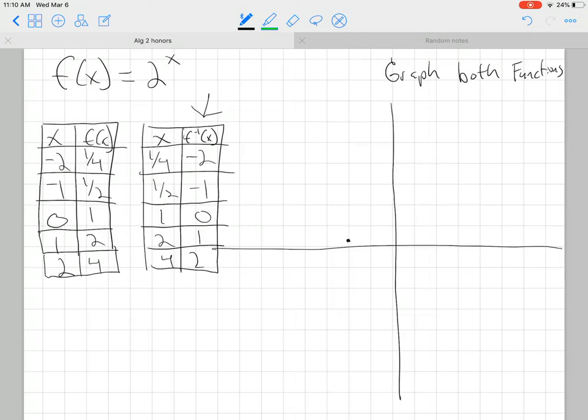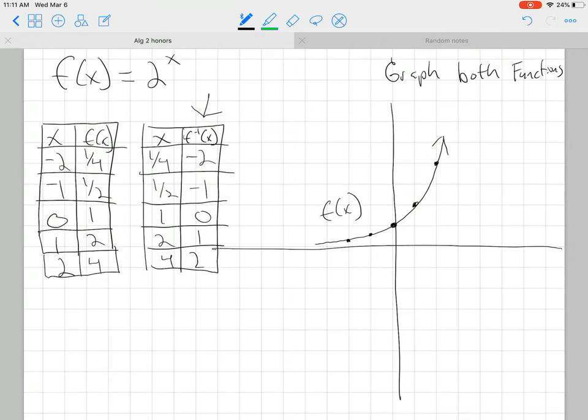I have -1, up 1/2, which is about here. I have 0, 1, which is about here. I have 1, 2, which is about here. And I have 2, 1, 2, 3, 4, which is about right here. So this is my function for f of x. And again, that should look good because it's an exponential. That's how an exponential function looks.